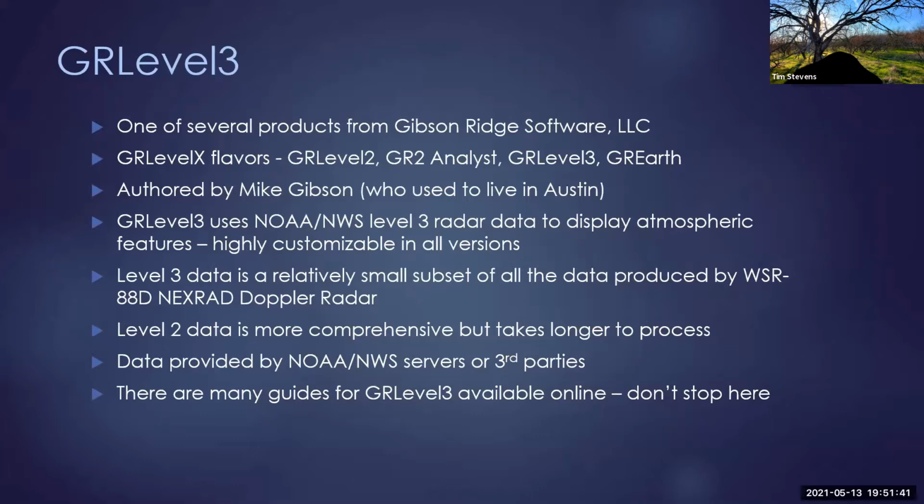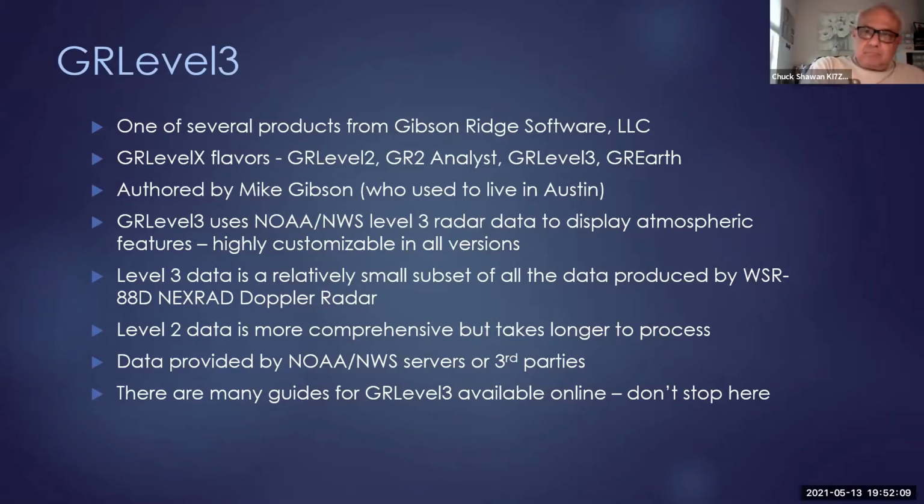GRLevel3 is one of the packages available from Gibson Ridge Software, and other packages include GRLevel2, GR2 Analyst, and GREarth. The most interesting one really is GR2 Analyst. With that one, you can look at 3D modeling of a supercell and peel back the layers like an onion and find rotation within a cell as it goes from the ground all the way up through the structure of the storm.